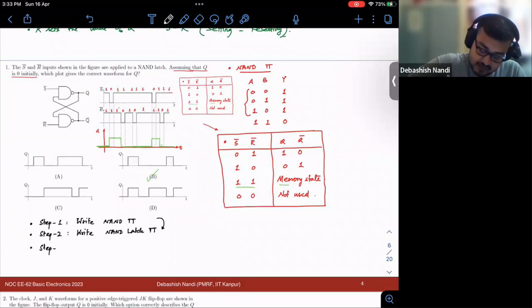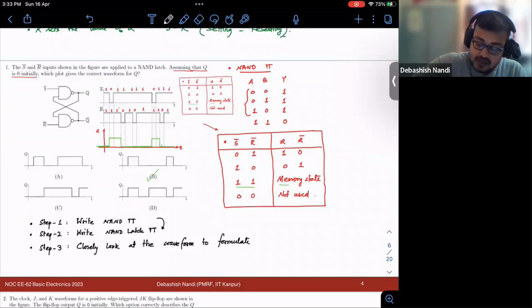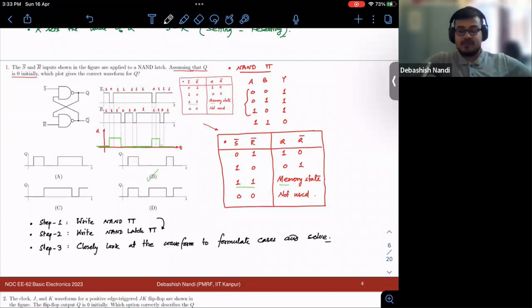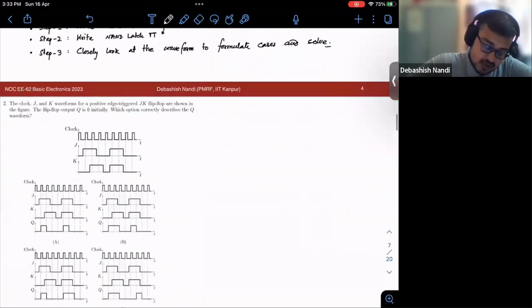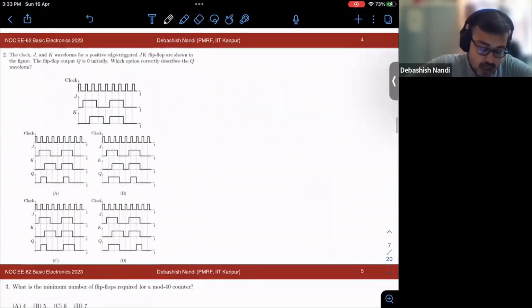Step 3, closely look at the waveform to formulate cases and solve. So these are the 3 steps by which you can solve this kind of problems. I think this is very clear. So let's move on to the next problem.